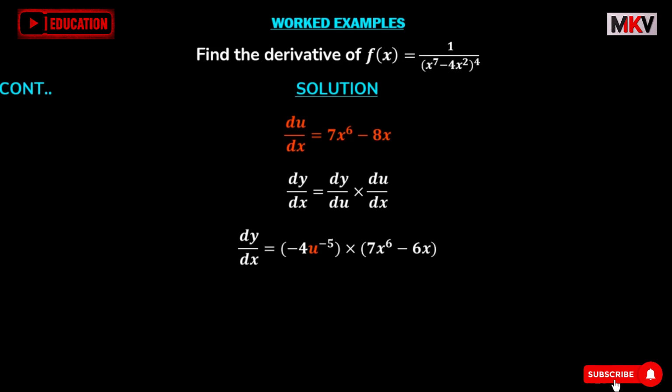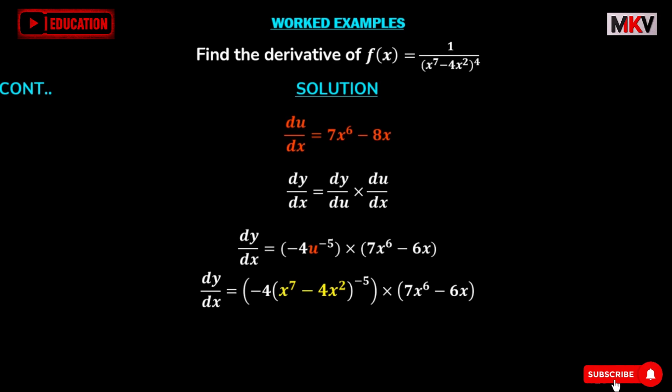So we have to substitute back the u that we replaced. Doing the substitution, we're having minus 4 multiplying x to the power 7 minus 4x squared all to the power minus 5, times 7x to the power 6 minus 8x.